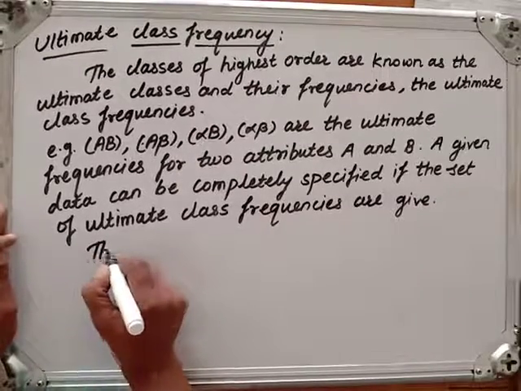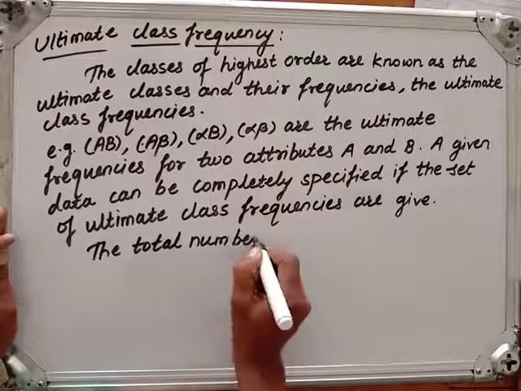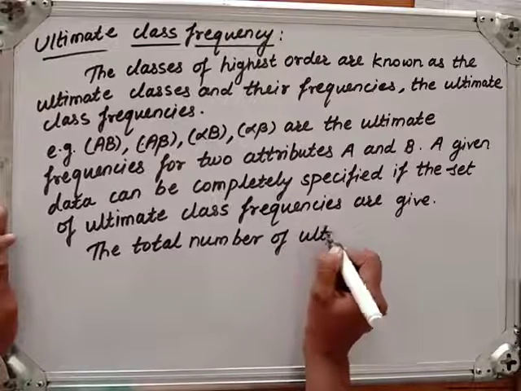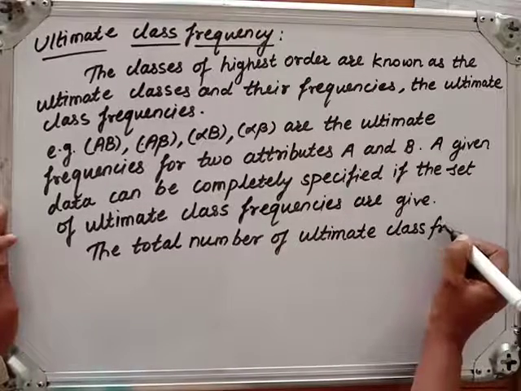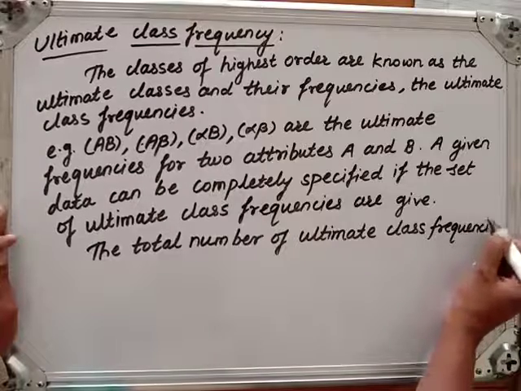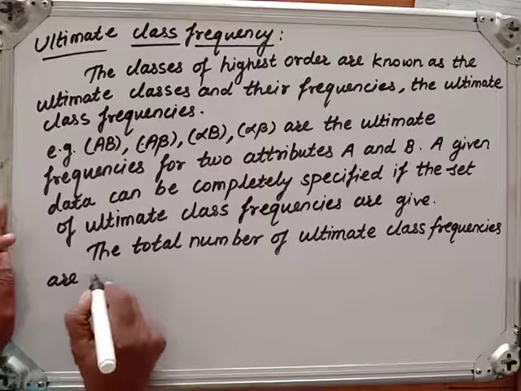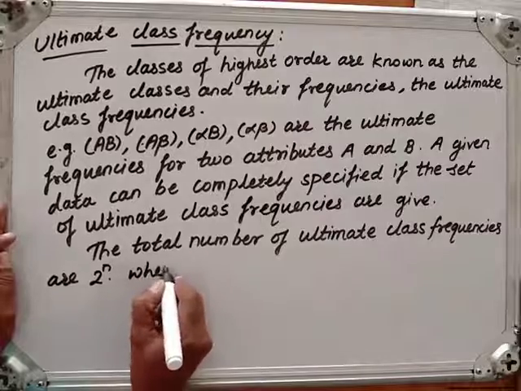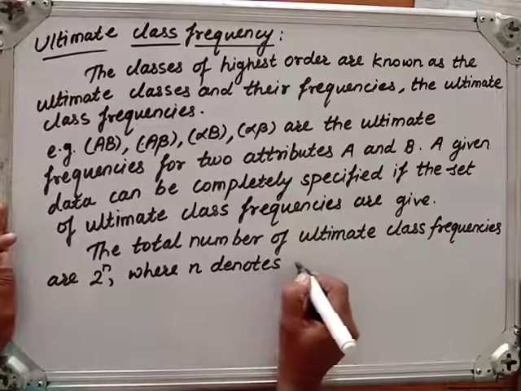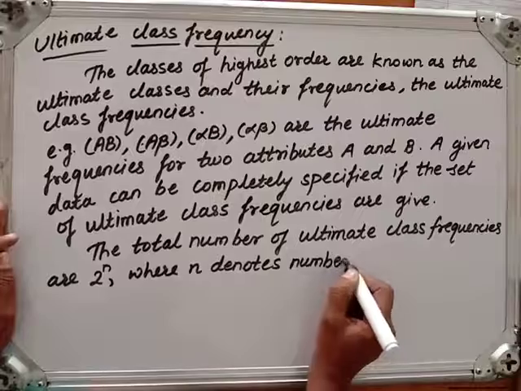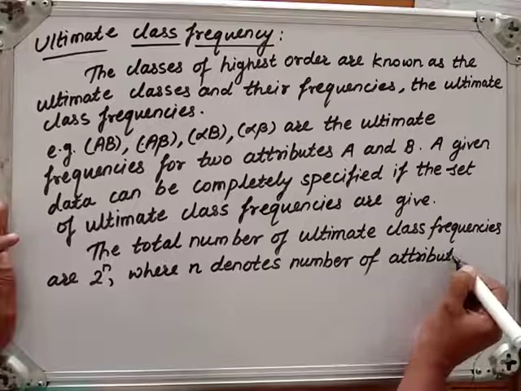The total number of ultimate class frequencies are 2 raised to n, where n denotes the number of attributes studied.